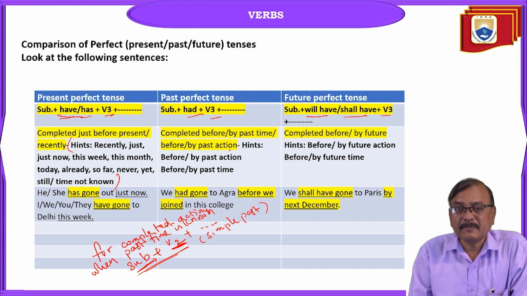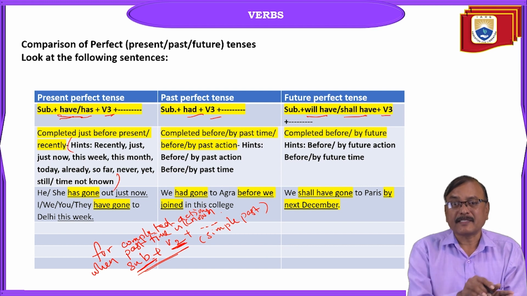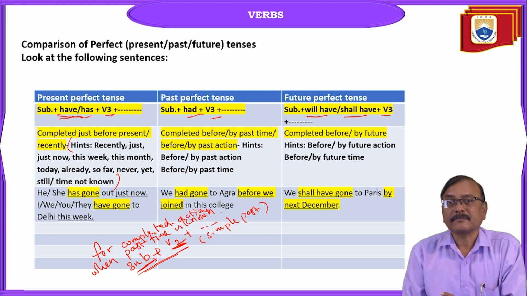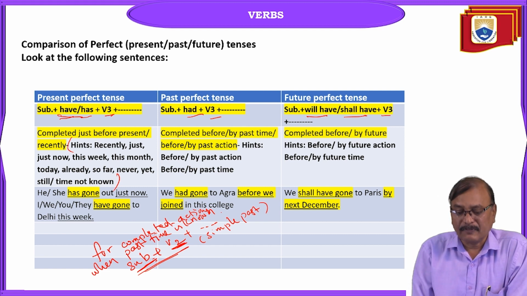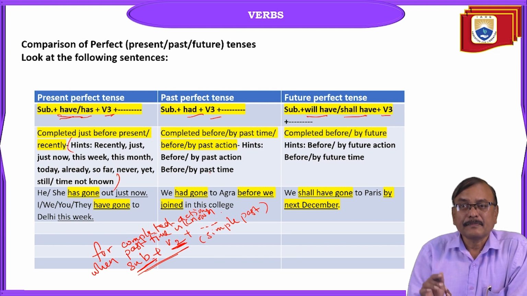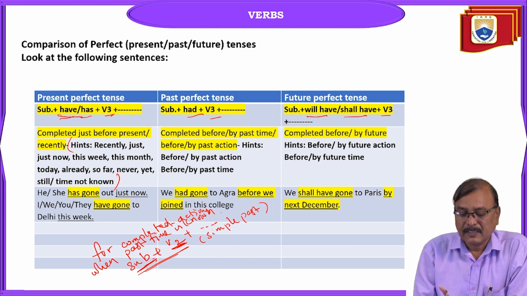And past perfect tense means the actions that happened before past or by past time. Is it clear? Hint will be before plus past action, or by plus past action, or before plus past time. Here we get the hints like this.